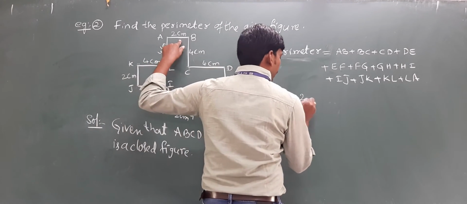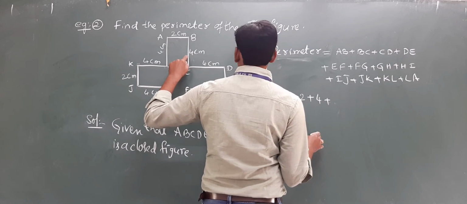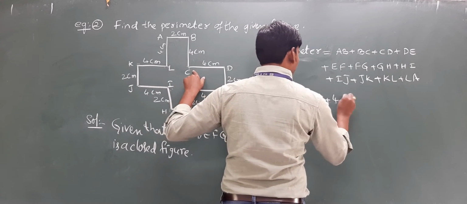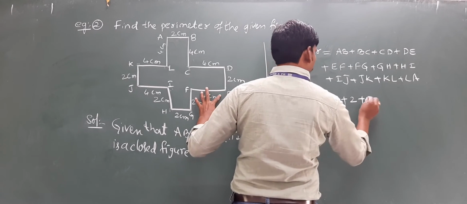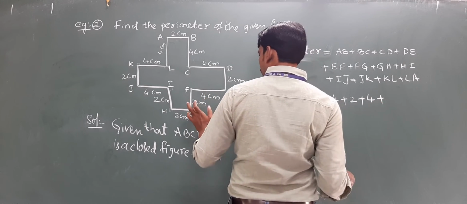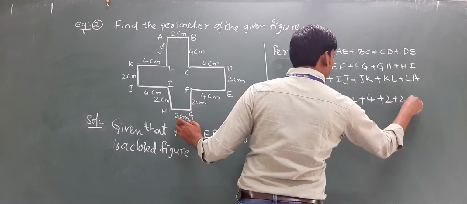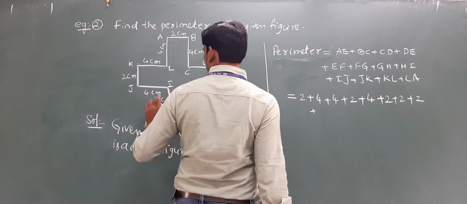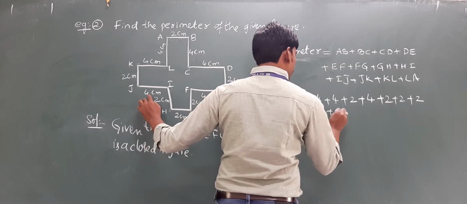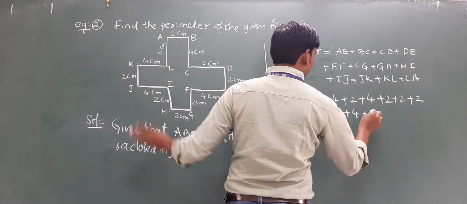Now perimeter is equal to, see this here, the length of AB is 2 centimeter plus BC is 4 centimeter plus CD is 4 centimeter plus DE is 2 centimeter plus EF 4 centimeter plus 2 centimeter plus 2 centimeter plus 2 centimeter plus 4 centimeter plus 2 centimeter plus 4 centimeter plus 4 centimeter.